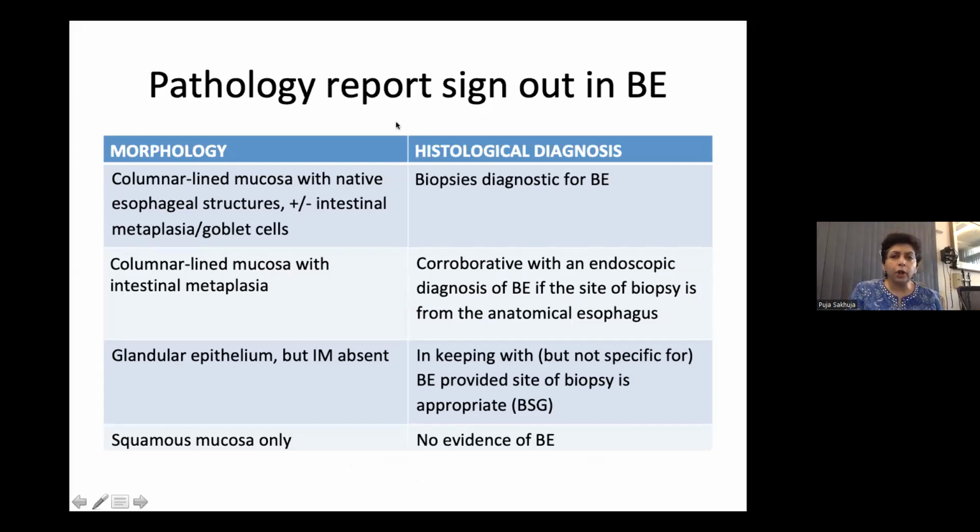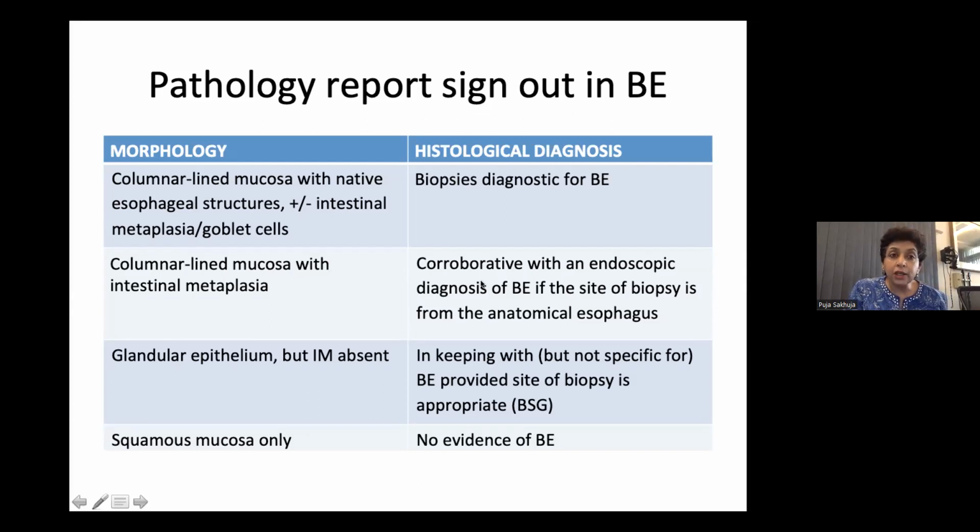Now, how does a pathology report sign out? Columnar lined mucosa with native esophageal structure, so squamous epithelium is there, and intestinal metaplasia with goblet cells, we have no problem in calling it diagnostic for Barrett's esophagus. If we are not seeing the native squamous epithelium, just columnar lined mucosa with intestinal metaplasia, then we say that it is probably Barrett's if you have taken a biopsy more than 1 centimeter above the GE junction.